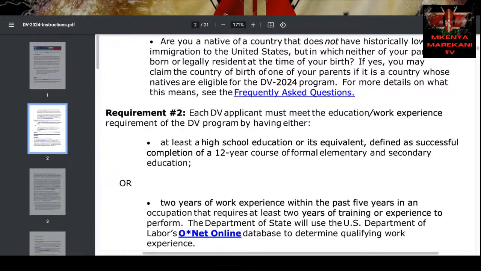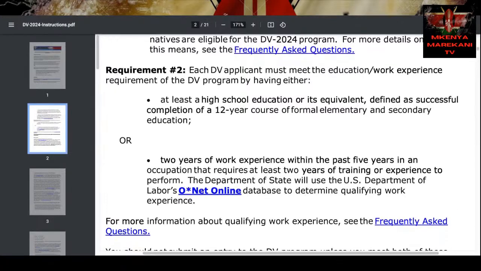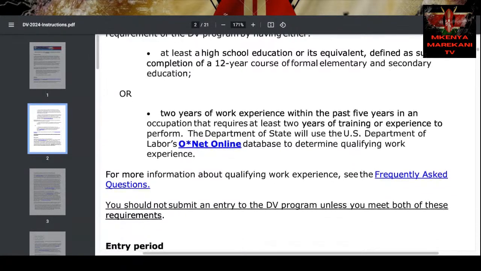The Department of State will use the US Department of Labor database to determine qualifying work experience. So I think the US has a way of quantifying your work experience, because I don't think it's just any work experience. You must have had some training of some sort.